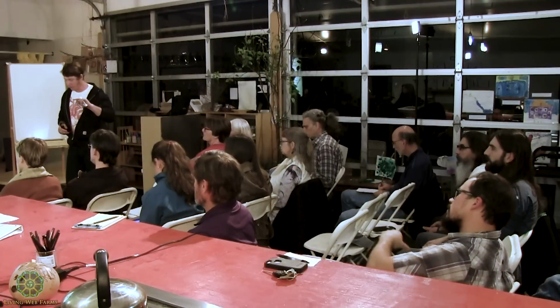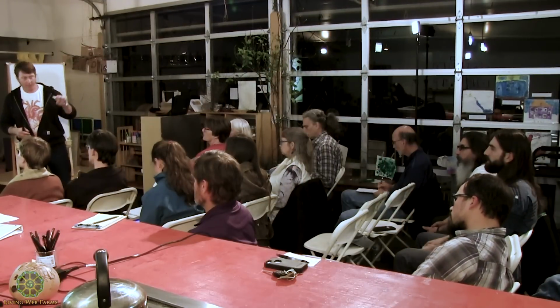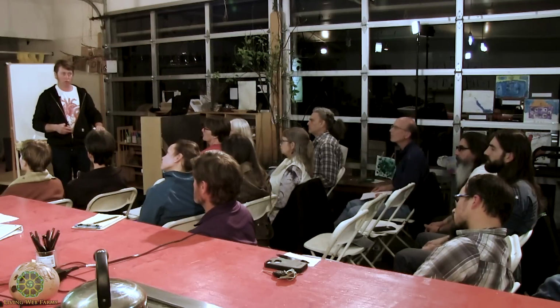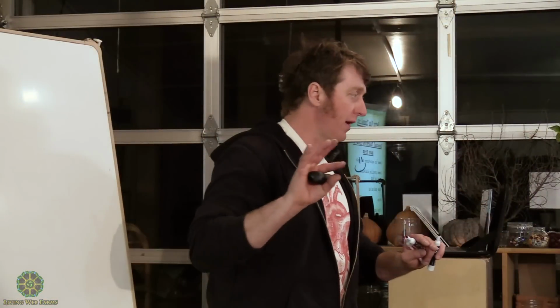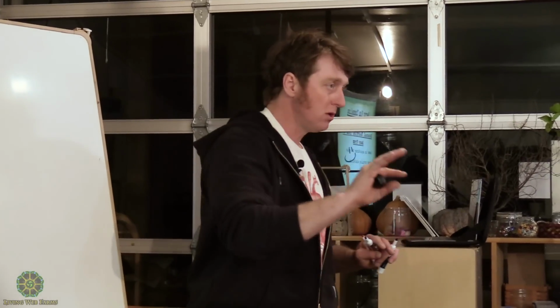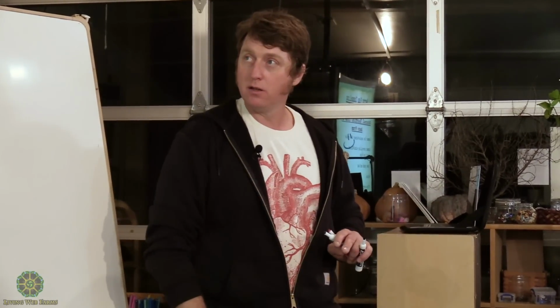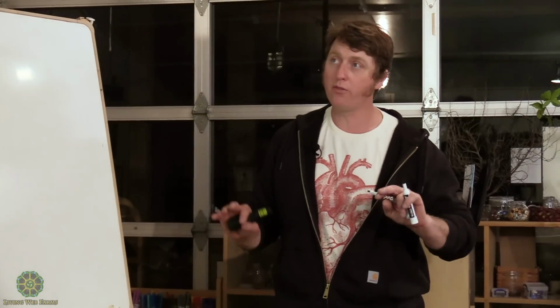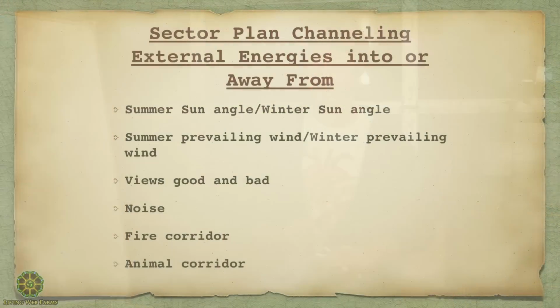So what we've got so far is our scale of permanence, the most permanent things that we have to work with. We're overlaying that with our zones in our head, and then we're thinking about sector planning. Sector planning is another one of these weird abstract things, but it's super handy.